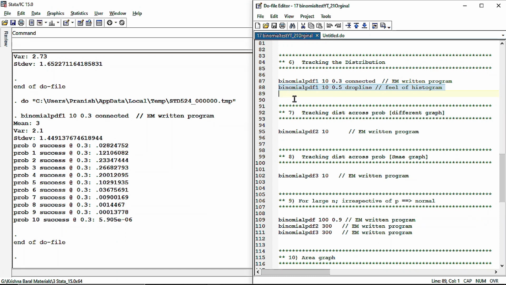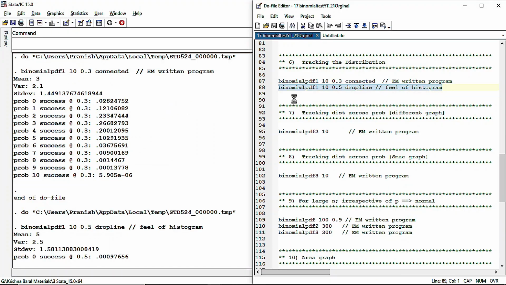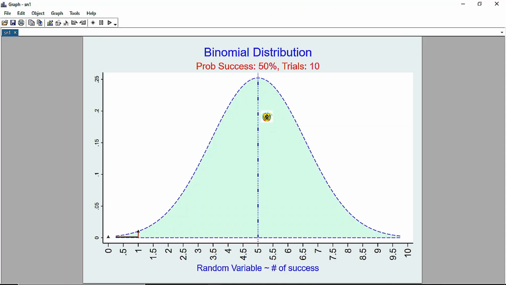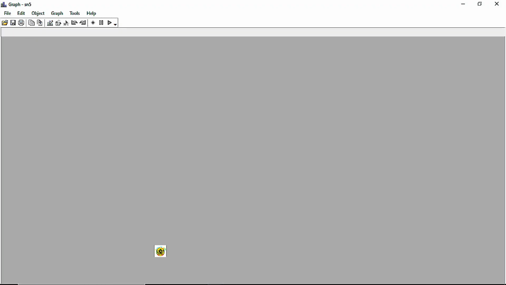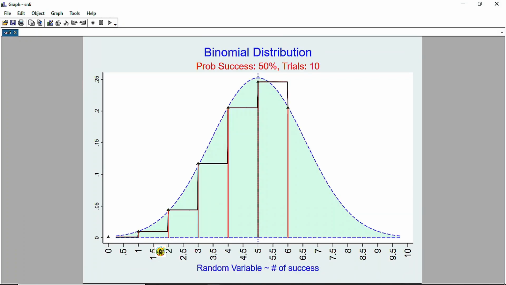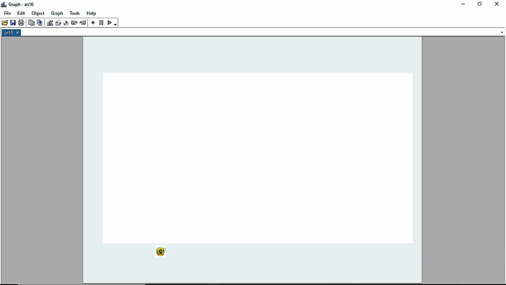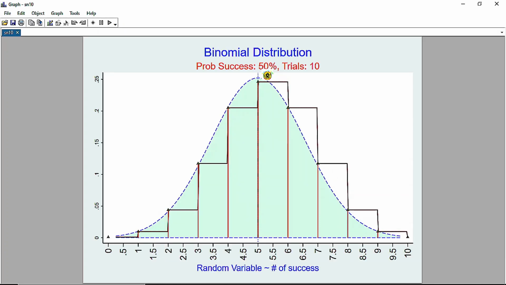Well, let us again say binomial PDF of 10 and 5, and this time we're going to connect it by a connected line, which will give us a feel of a histogram, and it draws it against the binomial graph. So when the probability of success is 50% with 10 trials, the graph should be centered at 5, and this is what we see. And this seems to be more symmetric when the probability of success is 50%.